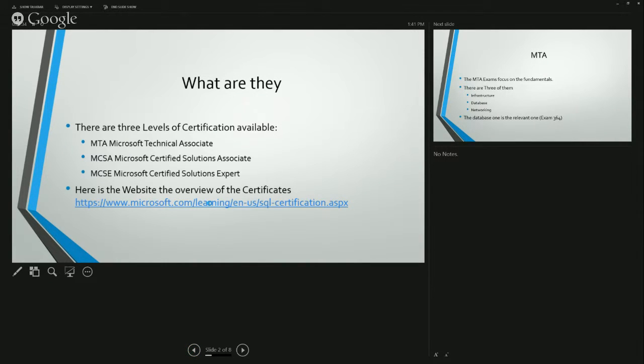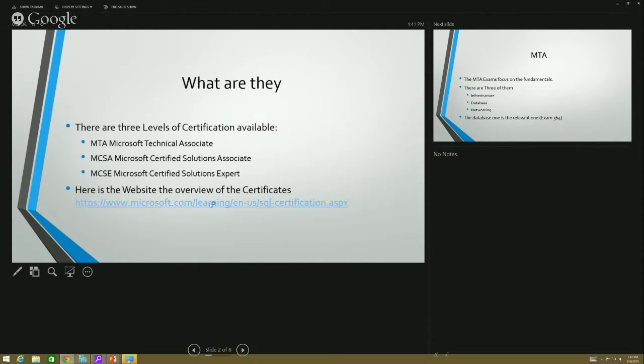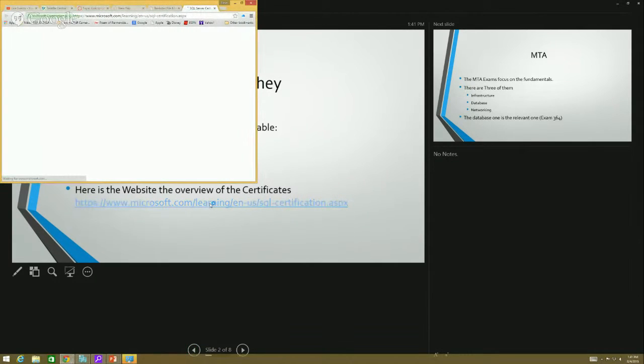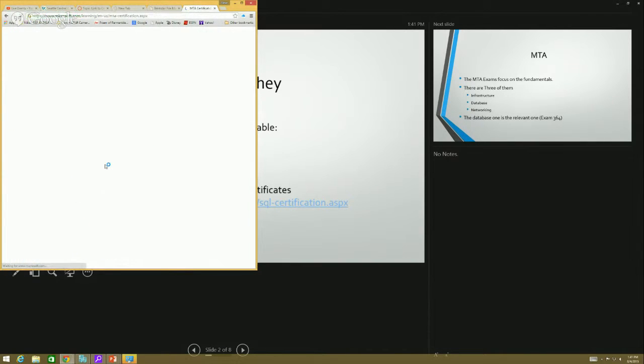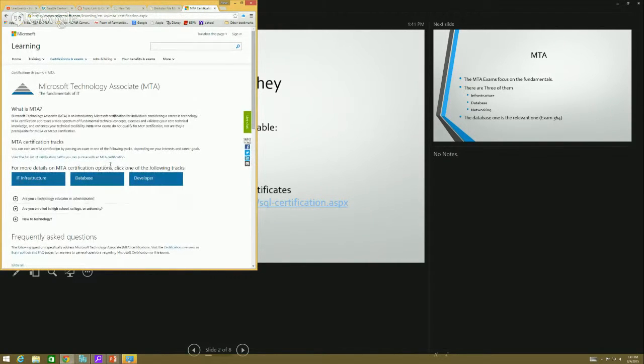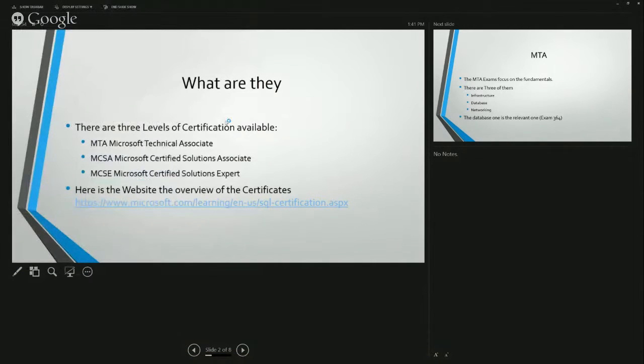I'm just curious about the 3 for the MTA. Maybe this is the problem. Oh, there it goes. So if I look at the MTA and click into that, I'll make this bigger. Infrastructure and developer. So I got that wrong when I put that in there.